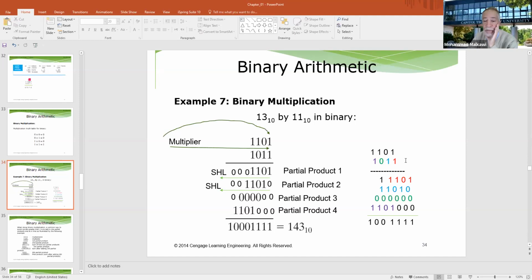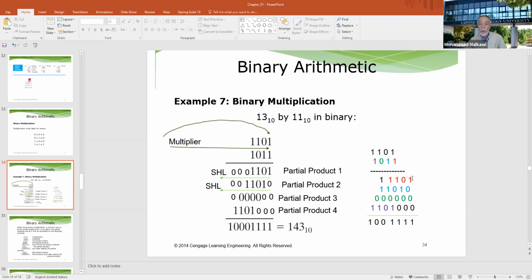That's how I make the simple conversion from binary into decimal. Now I can do the same thing, which is 1101 times 1011. When I do the 1101, instead of shifting to the left, I shift to the right here. So I keep all my numbers lined up right from the very beginning.